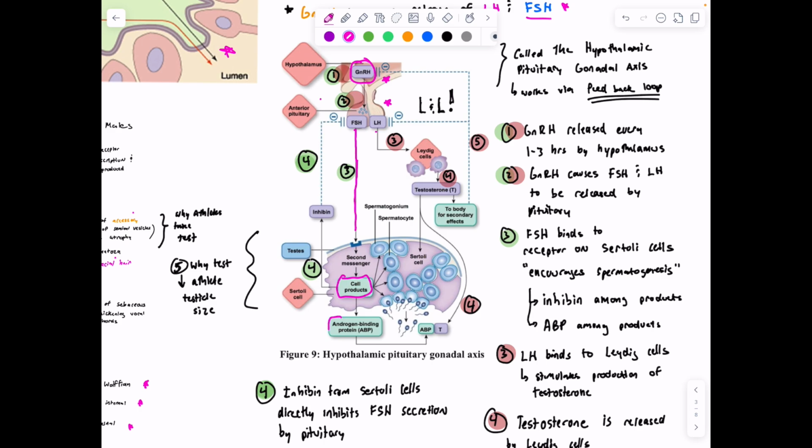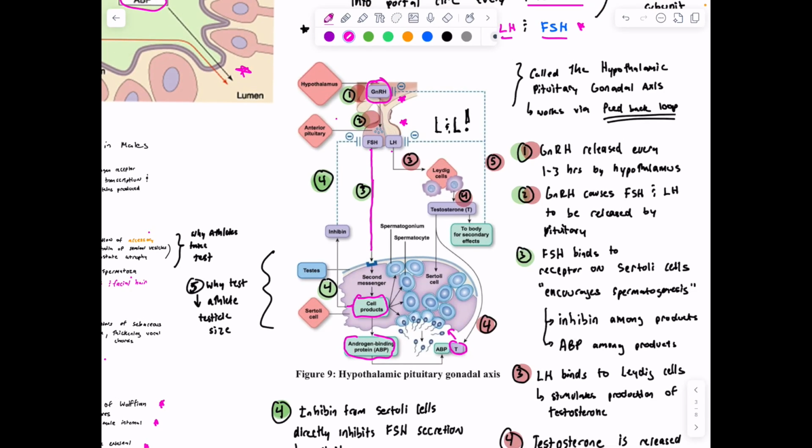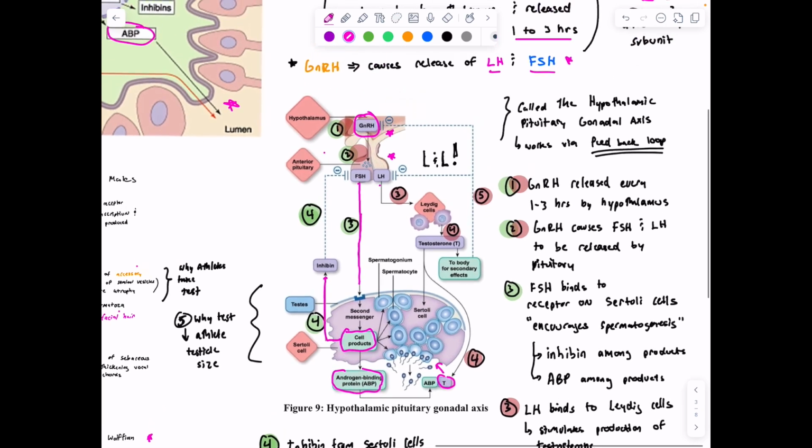We know one of those is androgen-binding protein, also called testosterone-binding protein, to bind to testosterone, make sure it's present for our developing sperm. We also have the production of inhibin. We also have the production of aromatase, which will take testosterone and convert it into estrogen. All right, so inhibin will go back and inhibit the release of FSH from the pituitary gland.